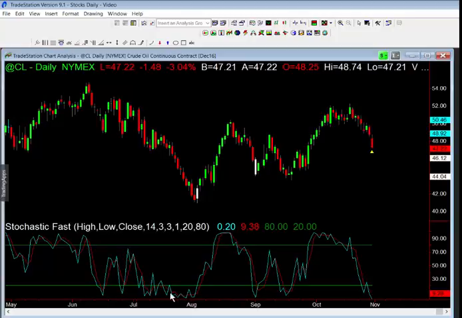And if you'd have bought there, you'd have gotten clobbered. So by waiting for the pivot, that acts as a timing tool to enter a trade based on stochastics. The same applies to RSI, MACD, other indicators. So this is how SuperPivots can enhance what you're currently using.